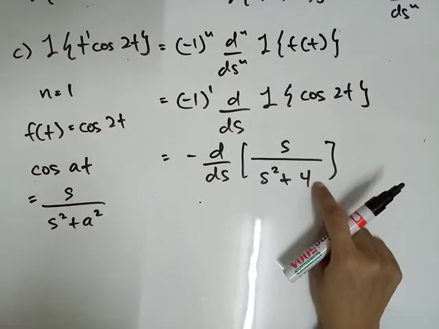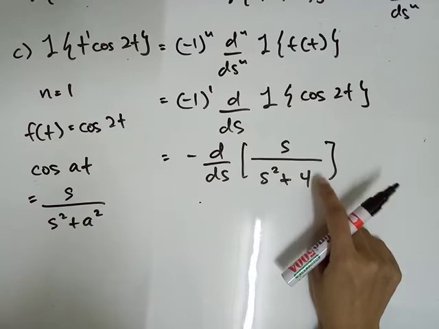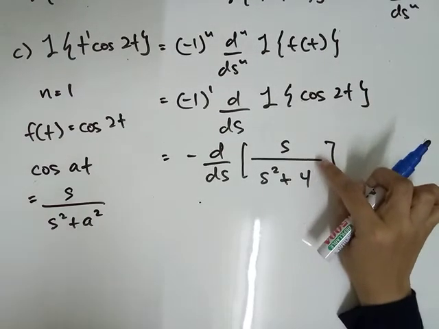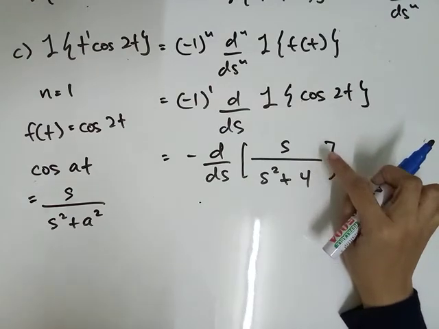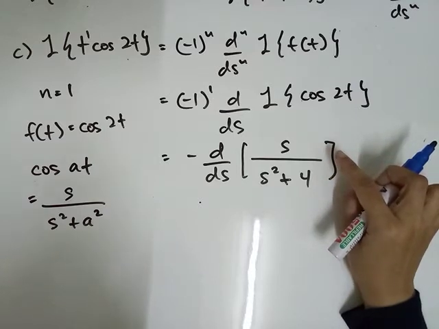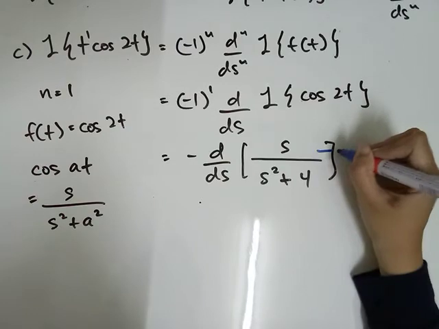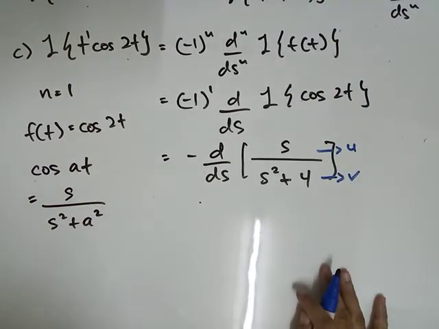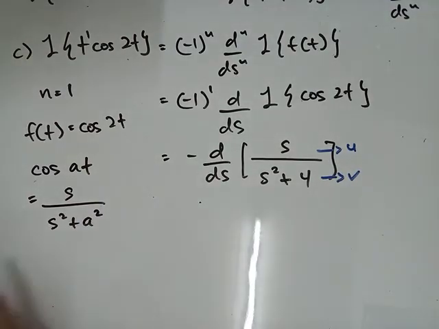Then we need to differentiate this one. So how to differentiate this one? As you can see, this is a division, right? So we need to use the quotient rule. This one is u, this one is v. Remember? Quotient rule, division concept.